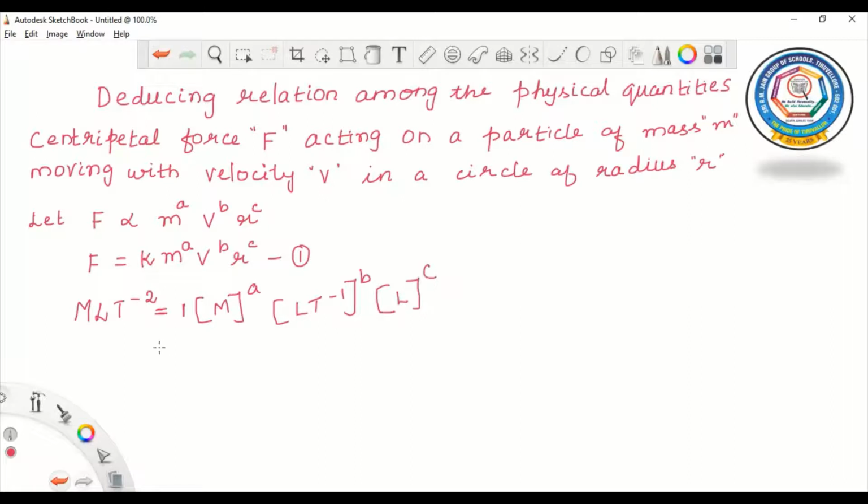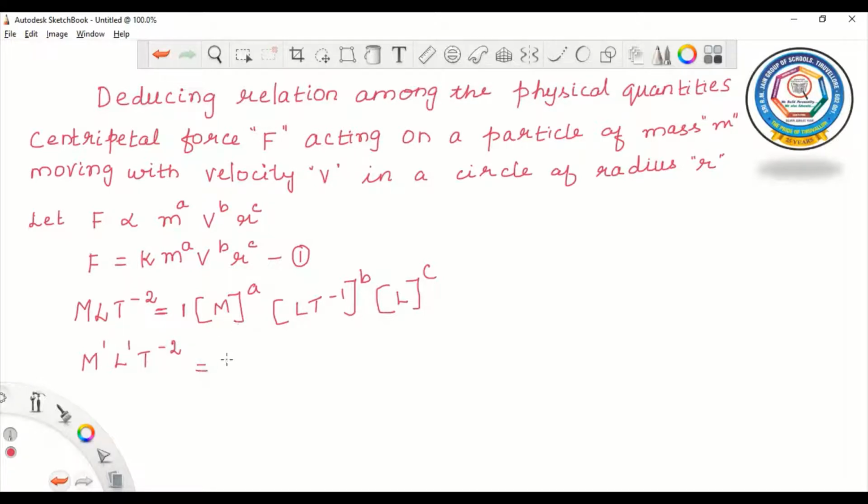Okay. So M L T power minus 2 equals M power a, L T power minus 1 the whole power b, then L power c. Let us write M power 1, and similarly L power 1, T power minus 2.